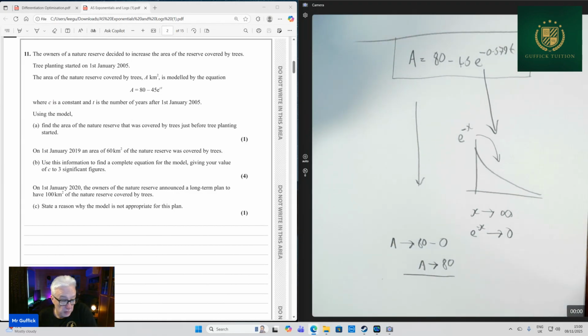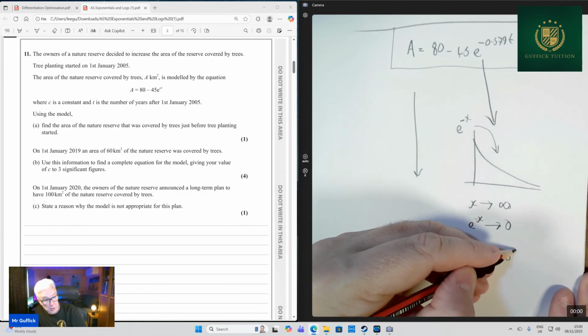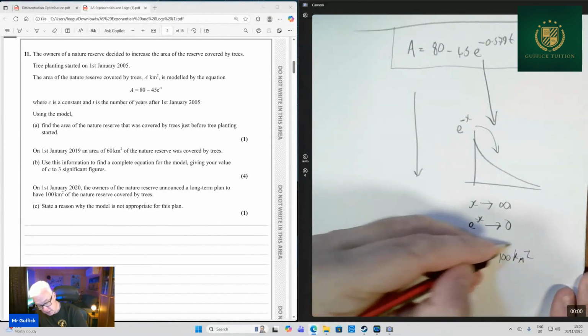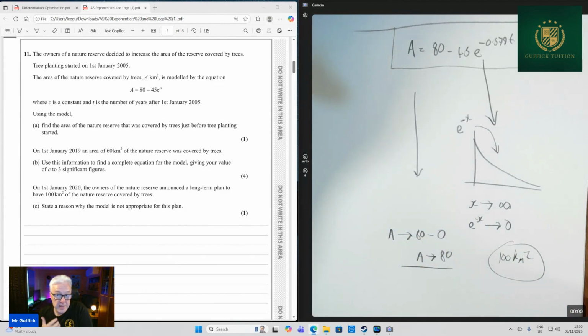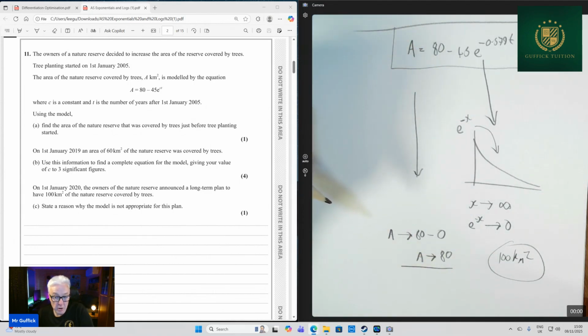And so the owners of the nature reserve are hoping to get 100 kilometers squared covered with trees. This model is inappropriate for that, because the greatest area that this model predicts is going to be covered by trees is only 80. So with this model, it's actually impossible to get up to an area of 100.